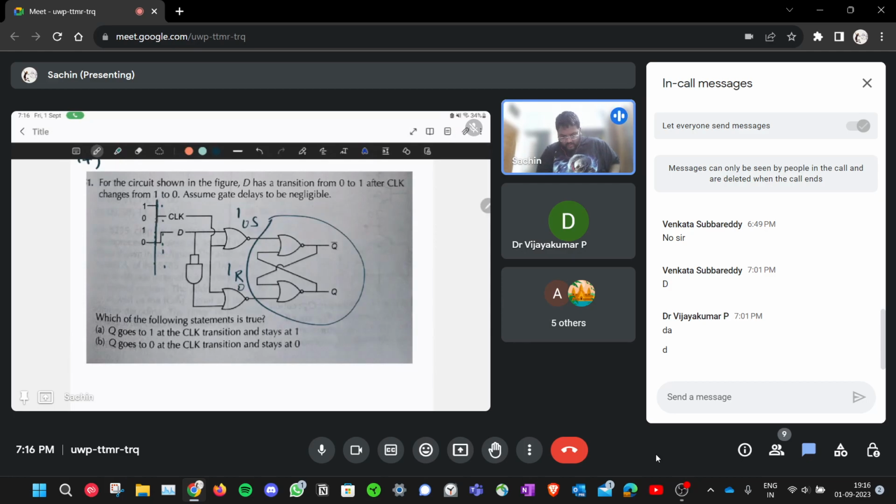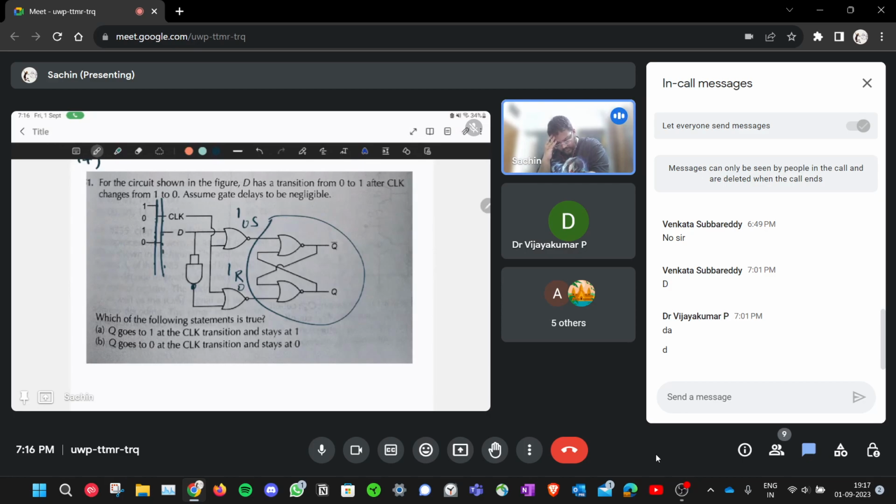This portion clock is also low and D is also low. Yeah, they've given clock plus D complement, which will be 1 1. So when they give 1 1, the output will depend on which of the latches acts faster. We don't really know what's going to happen. Maybe they meant to say this is complemented.